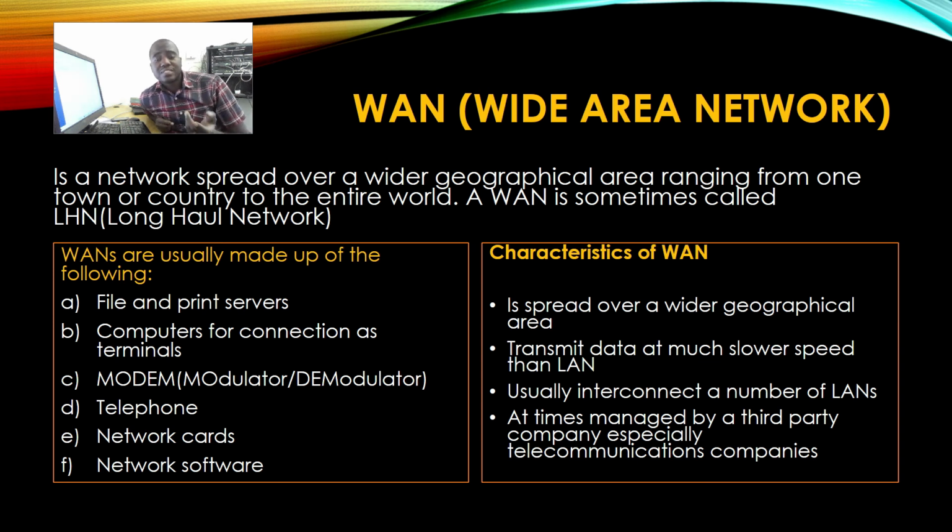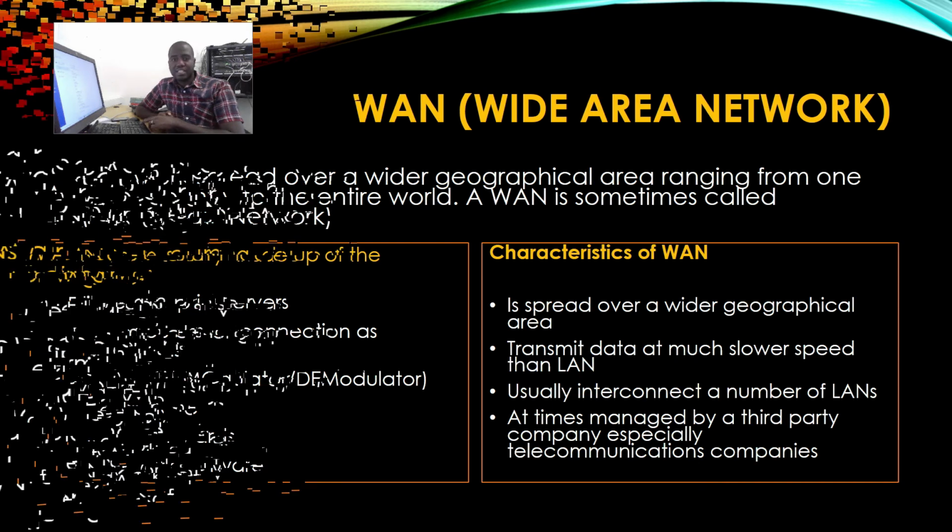Connecting that requires the use of a telecommunications company. That's where companies like MTC come into play, where Telecom and MTN and the likes have the job of making those connections. Here's an example of what a WAN is.